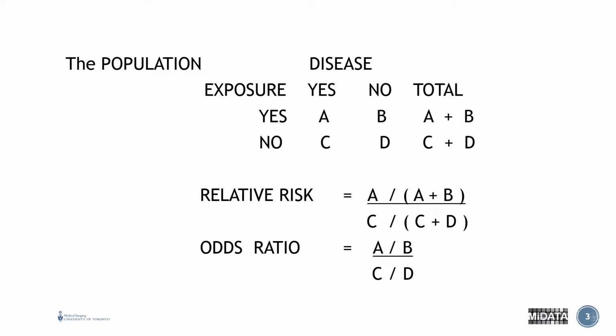Now the odds ratio, you'll remember, is the probability of having the disease when exposed divided by the probability of not having the disease when exposed, and that's the odds of the numerator. And the denominator is going to be the probability of having disease when not exposed over the probability of not having the disease when not exposed.